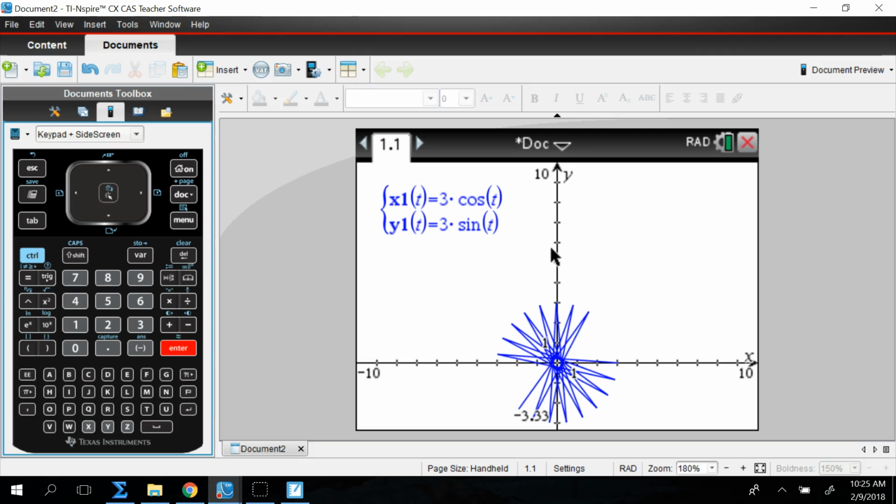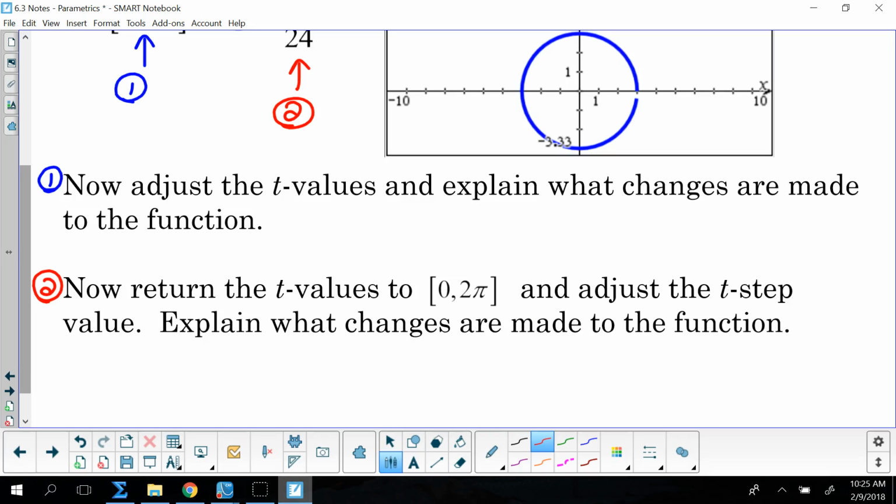The reason that it's getting all funky like that is because whenever it calculates a point, it connects it back to the last one that it calculated. So that's why it becomes straight lines like that. So the t values here adjust how much we see of the graph. The t-step adjusts how often it calculates it.